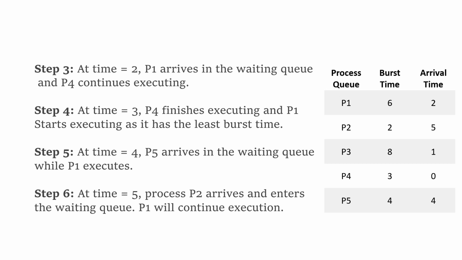At time 3, P4 finishes the execution and P1 starts executing as it has the least burst time. At time 4, P5 arrives in the waiting queue while P1 executes. Then at time 5, process P2 arrives and enters the waiting queue.